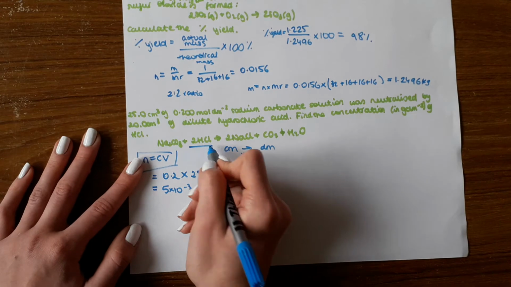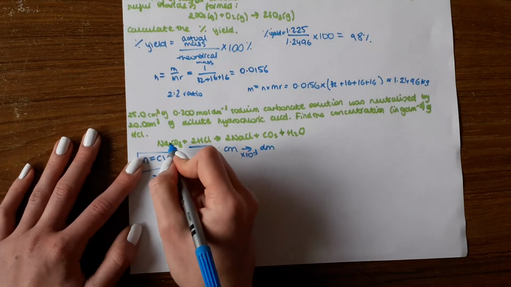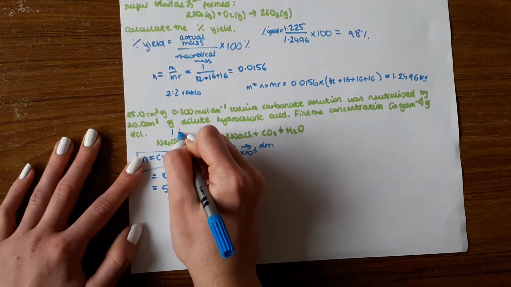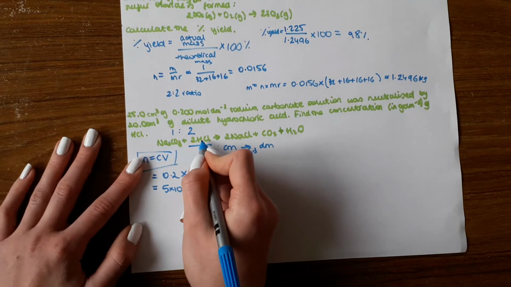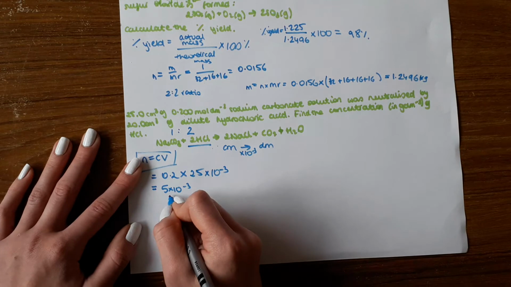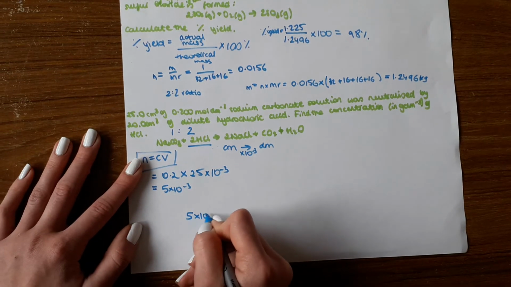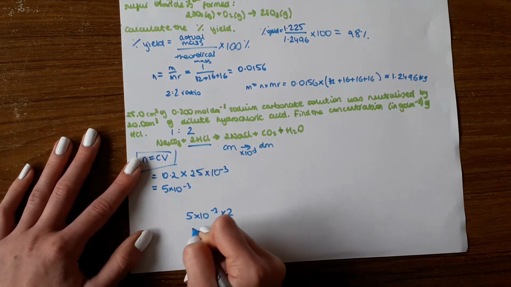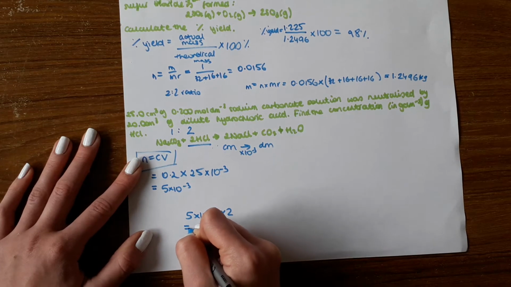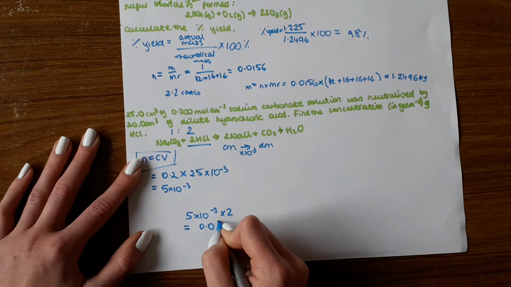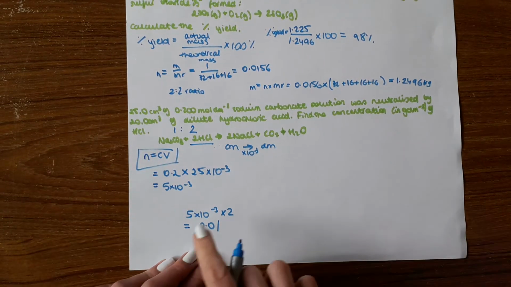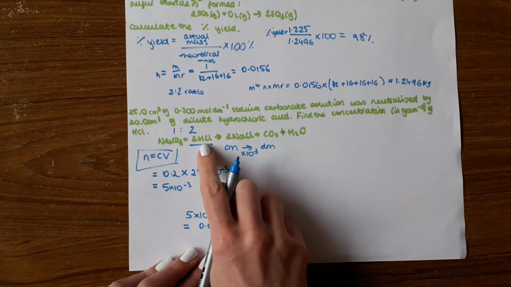We've got hydrochloric acid right here. The ratio between this and this is 1 to 2. So 1 mole of this is needed for 2 moles of this. So you've got to times our answer by 2 to give us 0.01. And this is the number of moles for hydrogen chloride.